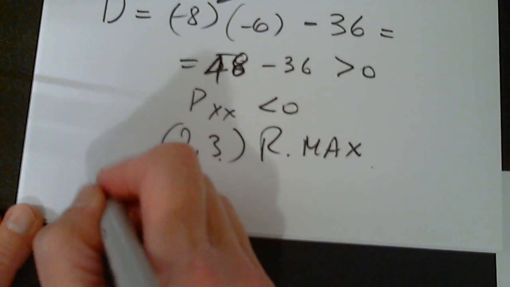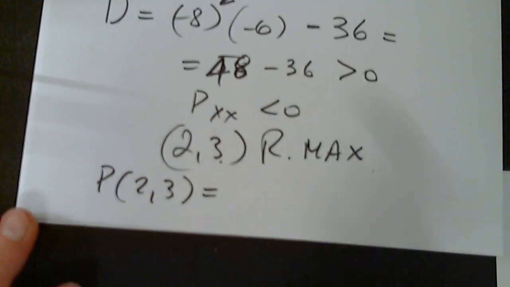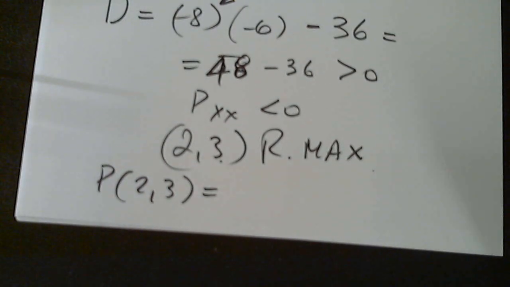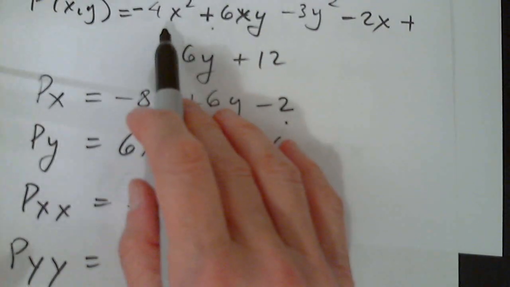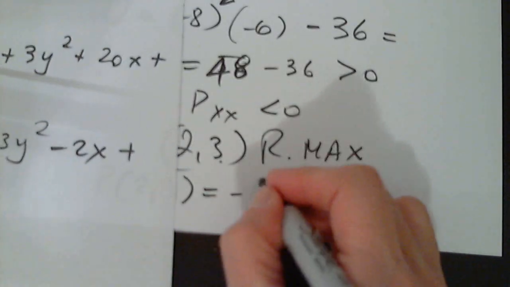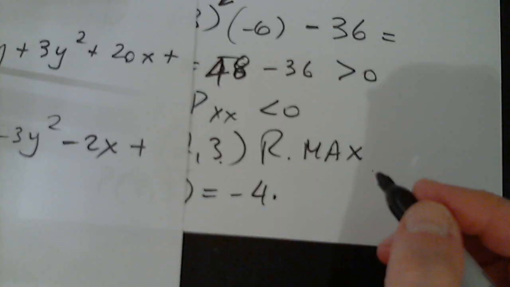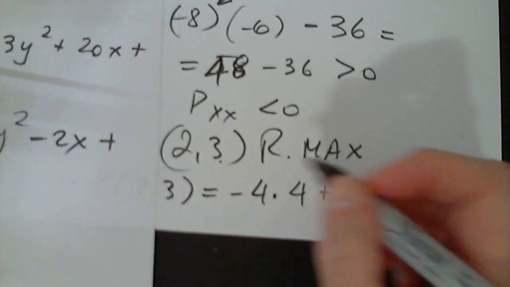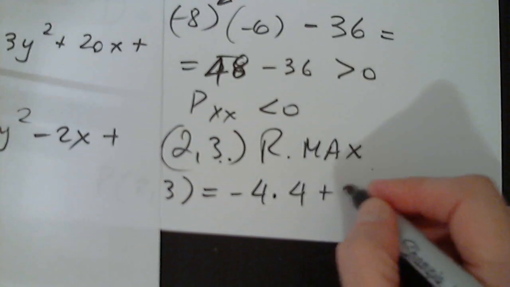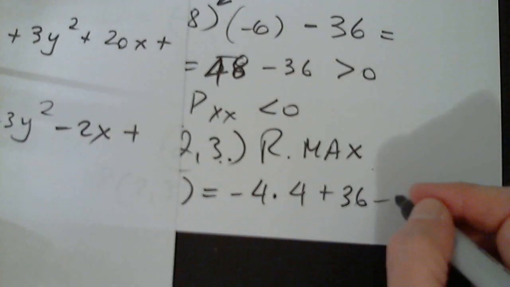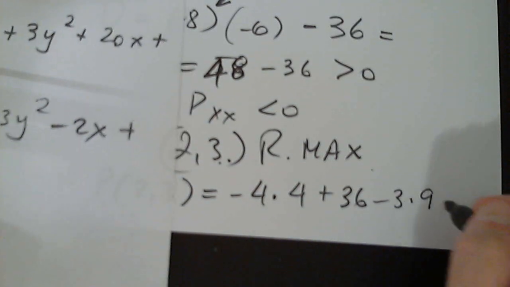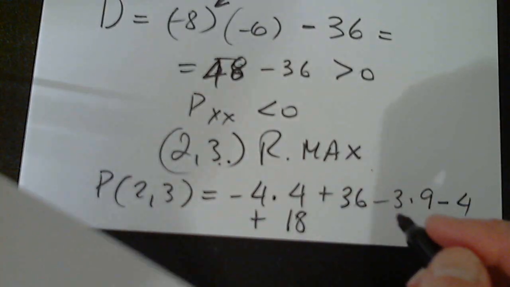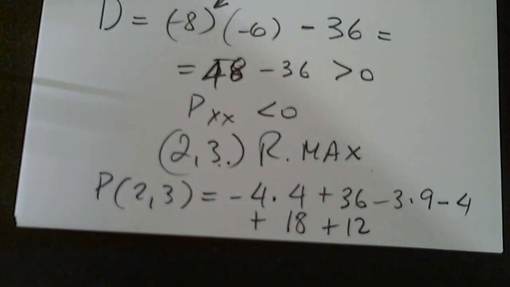And P of (2, 3) is, okay, negative 4, 2 squared times 4 plus 2 times 3 is 6, 6 times 6, 36, minus 3 times 9, minus 4 plus 6 times 3, 18, and plus 12.